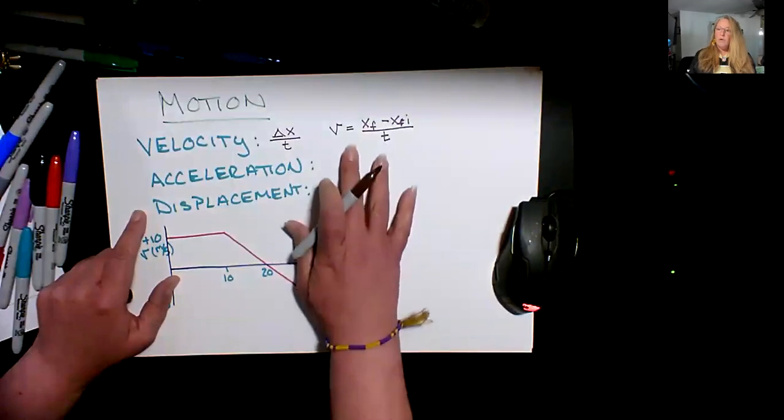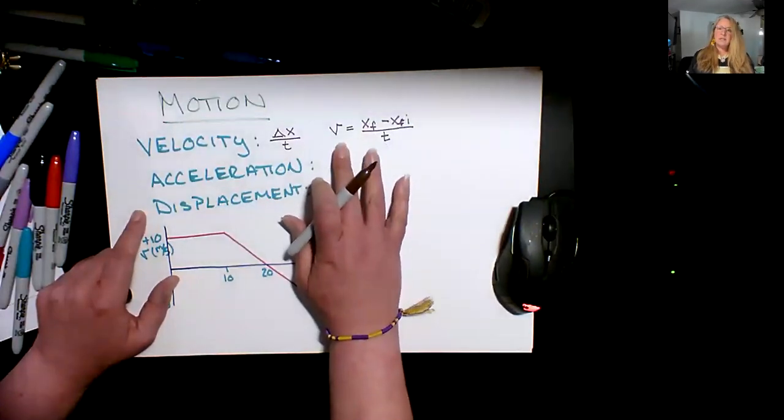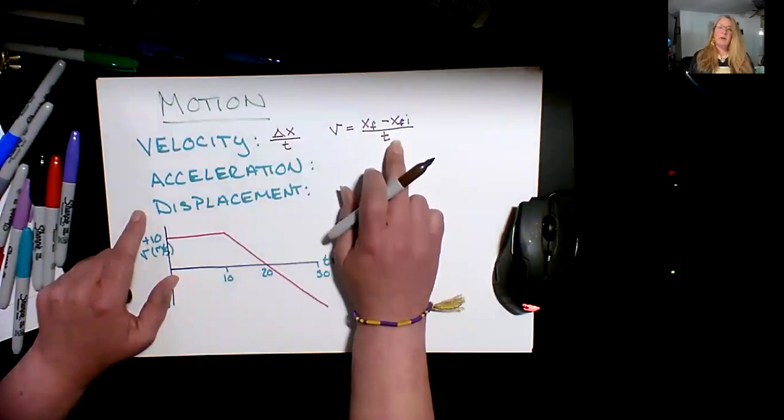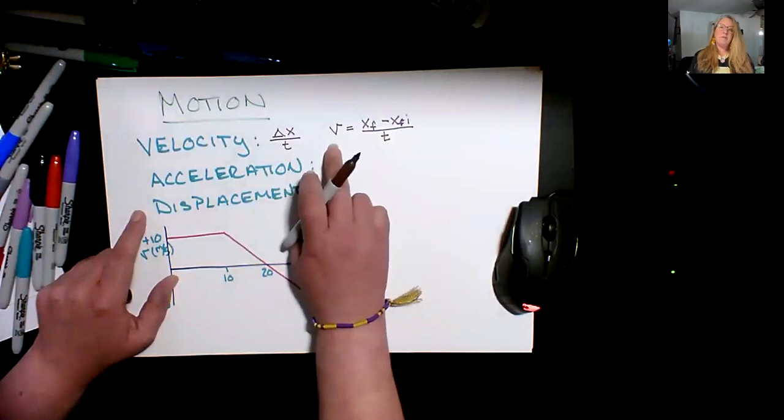So this gives us an average velocity. Looking at my final minus my initial position, or displacement rather, and comparing that to time, I'll find out what my average velocity is.